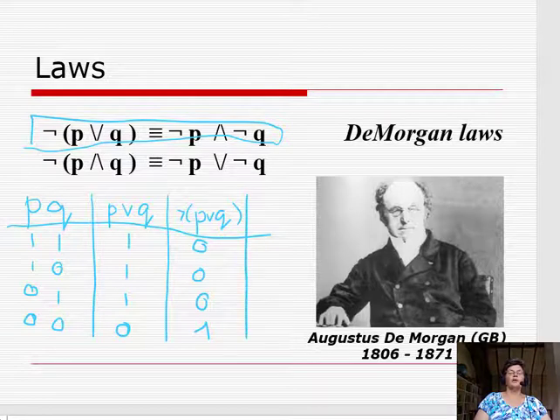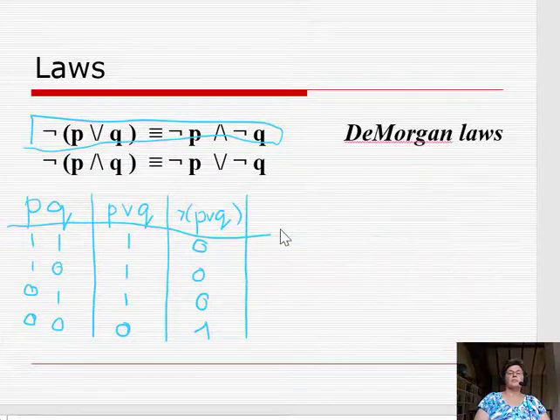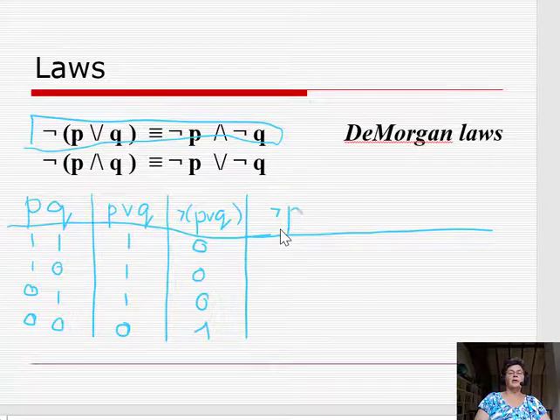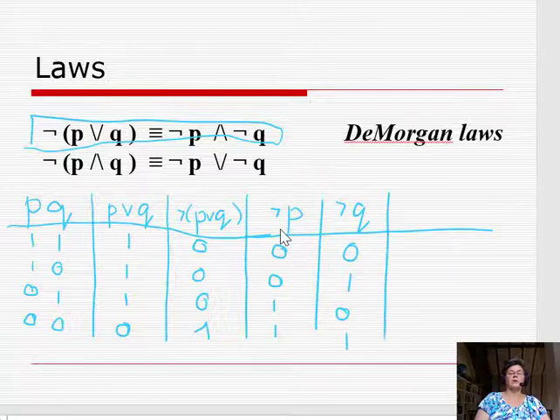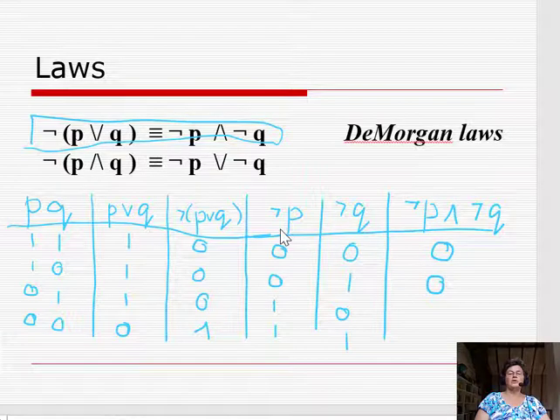On the other part, we have not P, which would be 0, 0, 1, 1. And we have not Q, which would be 0, 1, 0, 1. And then the final one would be not P and not Q, which would give us 0, 0, 0, 1.